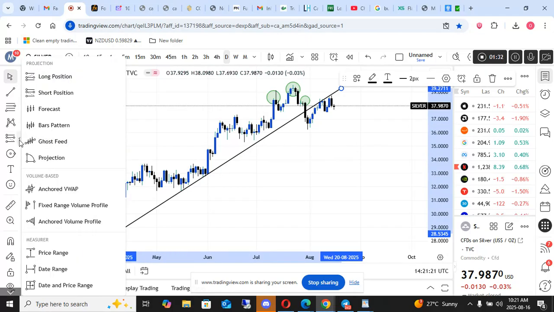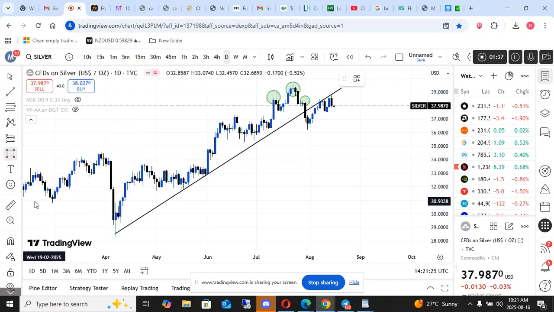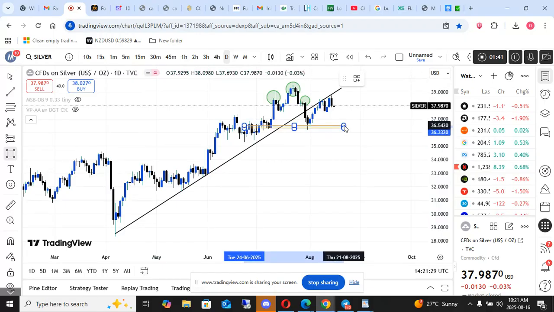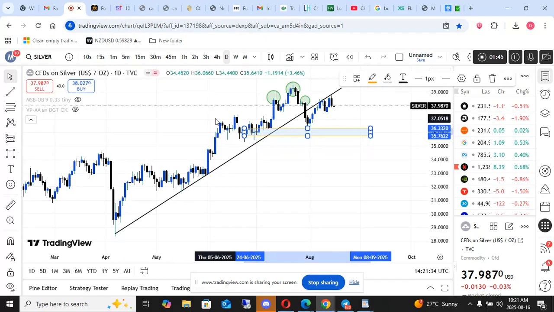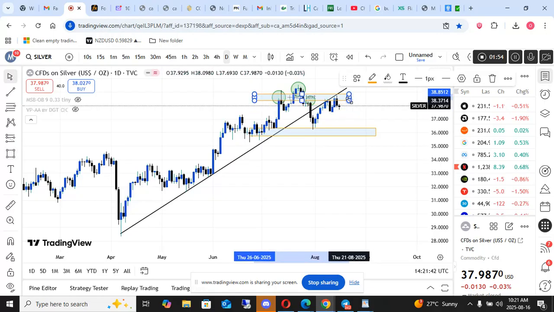So I mark out my demand zone and my supply zone. I'm gonna trade in between supply and demand zone.